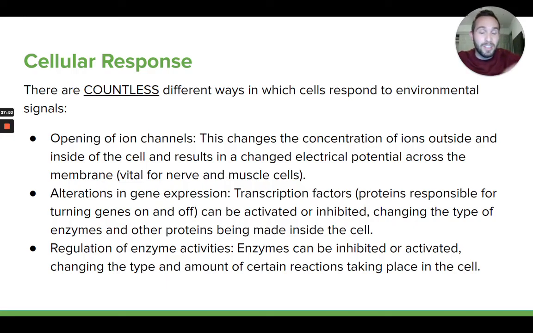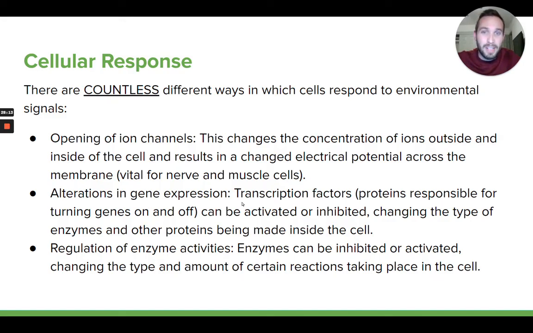When you change the concentration of ions, or you change the membrane potential across the cell by allowing ions to go in and out of nerve cells or muscle cells, that allows your nerve cells and your muscle cells to conduct impulses or to contract. It could also lead to genes being expressed differently inside of a cell.